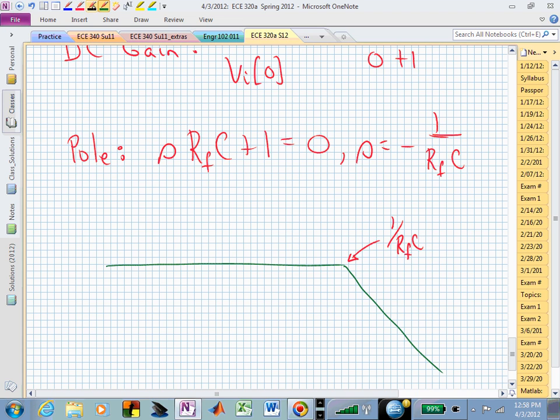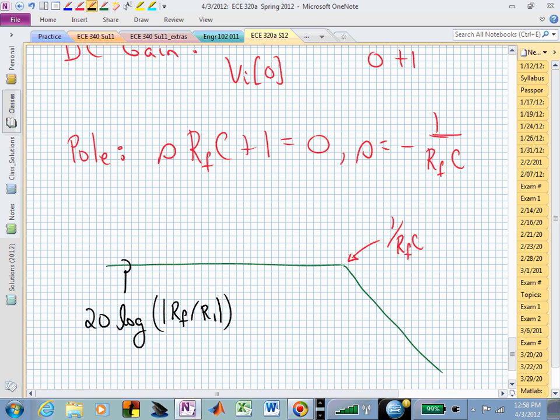If we're sketching this in the Bode plot sense, this is now 20 times the log, and I'm going to simply do the magnitude, so this is the magnitude of our DC gain's absolute value. I'm not going to worry about this inversion factor.